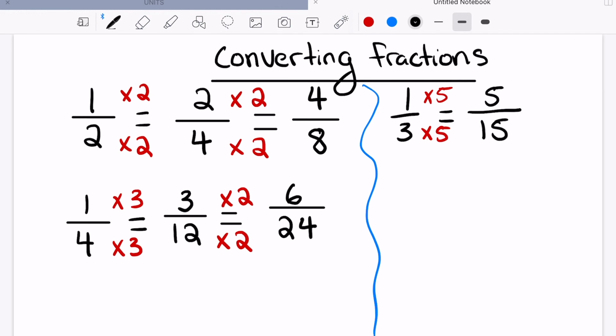So 1/3 is the same as 5/15. Here we can see all we have to do is use multiplication to help us find an equivalent fraction. Using multiplication, we can find an equivalent fraction.